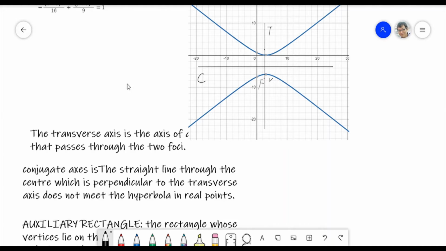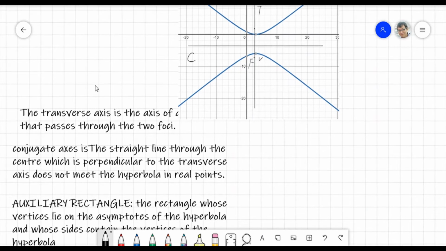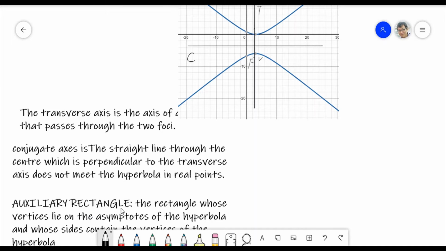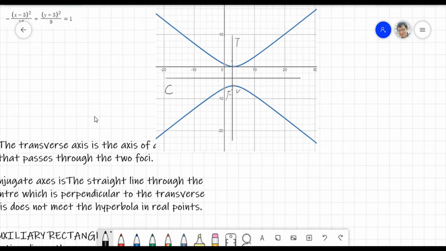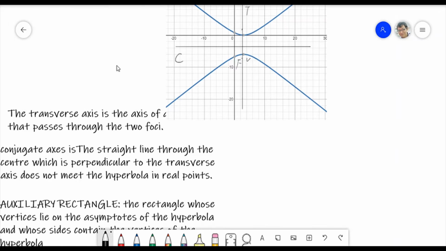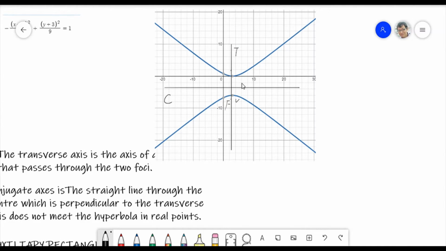Another concept is called the auxiliary rectangle. What does that mean? Why do we need this? Because if we have this, it is quite helpful for drawing the graph. So what does it look like? First, it is a rectangle. Remember we learned the asymptotes, the two crossing lines that pass through the center, the lines that are closest to the two graphs but never touch.